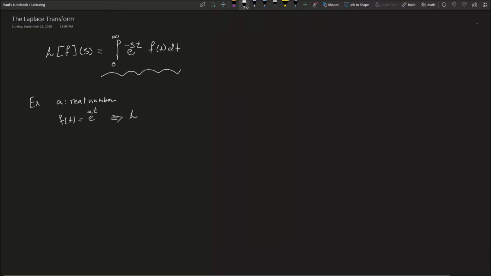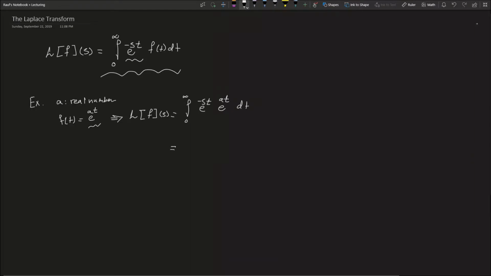So you can say the Laplace of the function in terms of s equals the integration from 0 to infinity of e to the power of minus st, multiplied by f of t, in this case e to the power of at, all with respect to t, in this case dt.